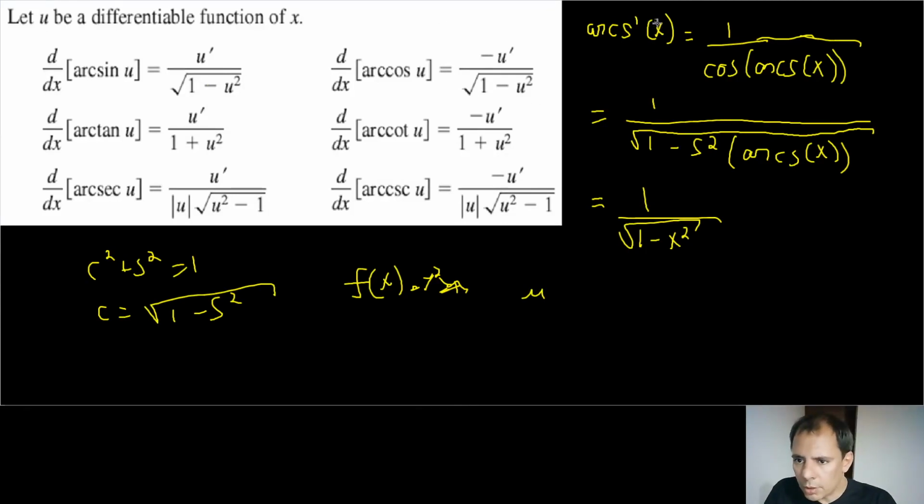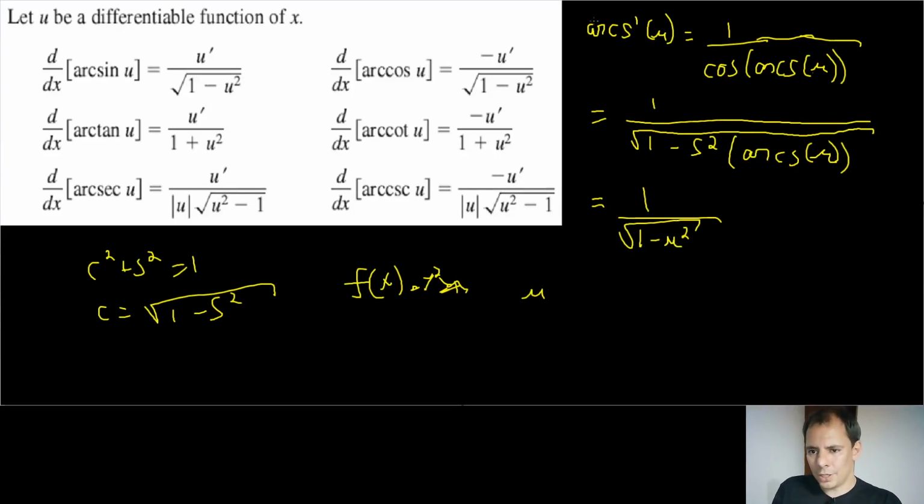I'm just going to erase all these things. Here we go. So instead of x, you're just going to put a u here, a u here, a u here, and a u here. It's going to be u squared.